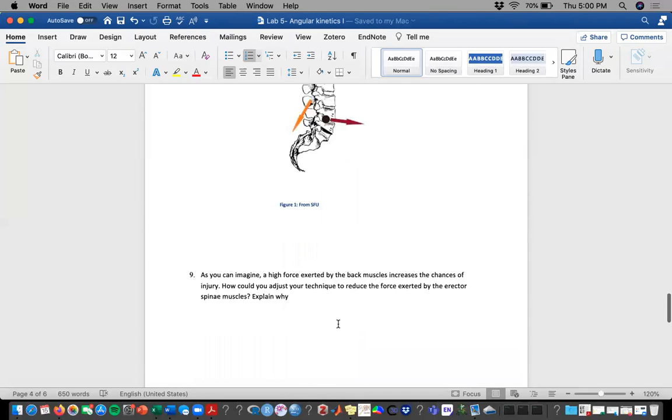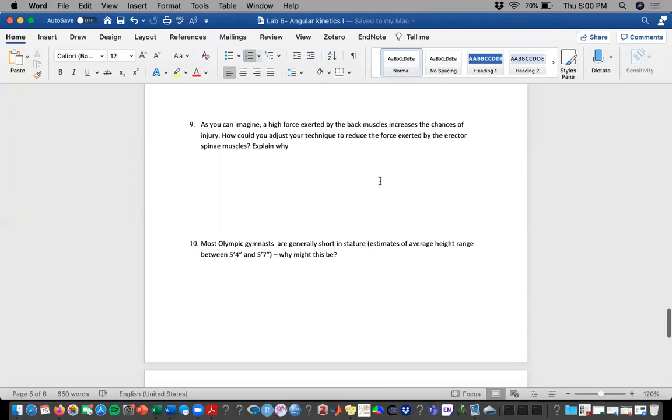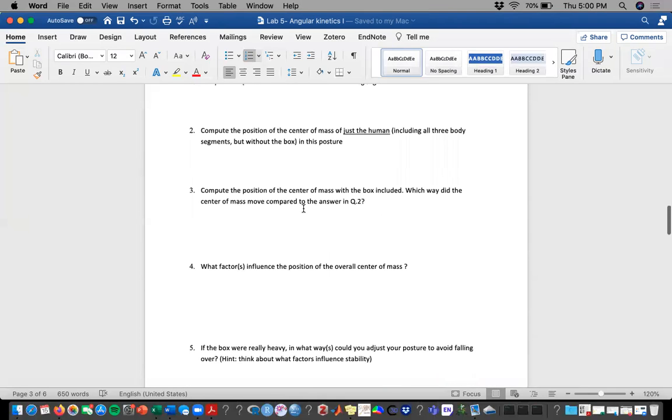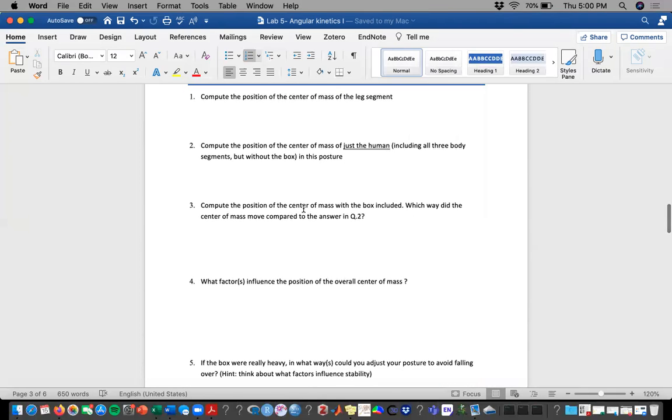And then questions 9 and 10 are a bit more conceptual again, and they're also related to posture techniques and moment arm and torque. Okay, so I'm just going to refer back to question 1 here because this is going to be the part that I walk you through.